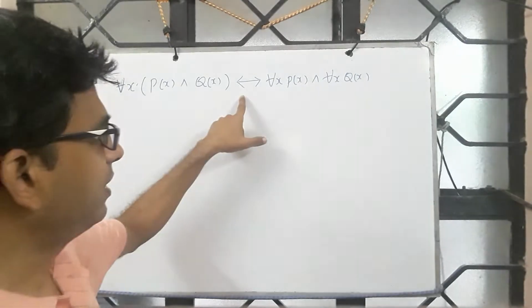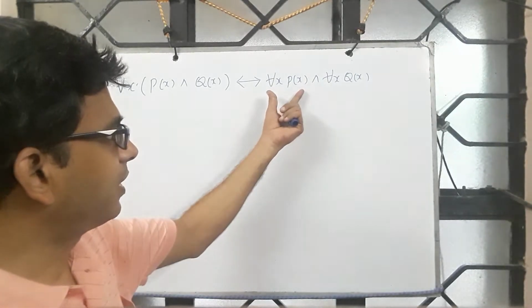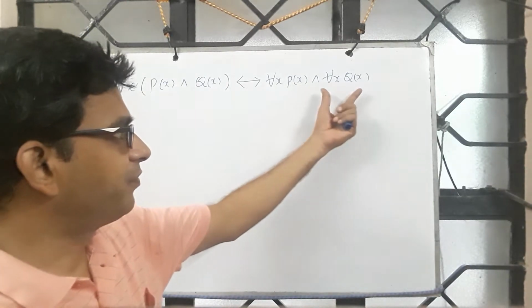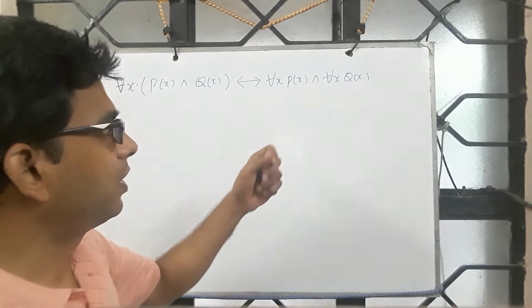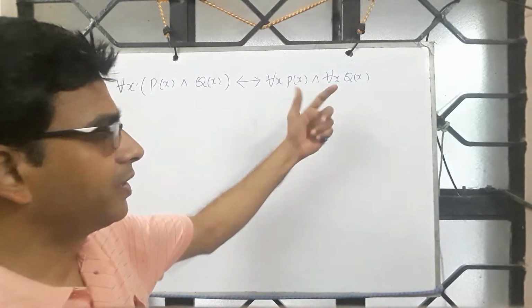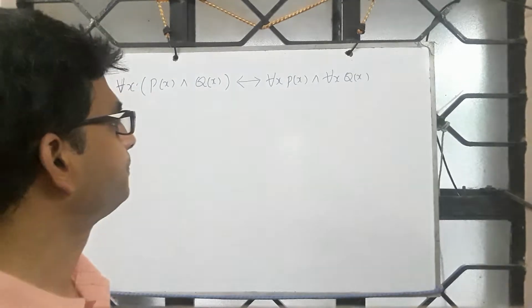It is a biconditional. Similarly, given for all p and for all q, we wish to know, can we take this for all out and then combine the predicates p and q.